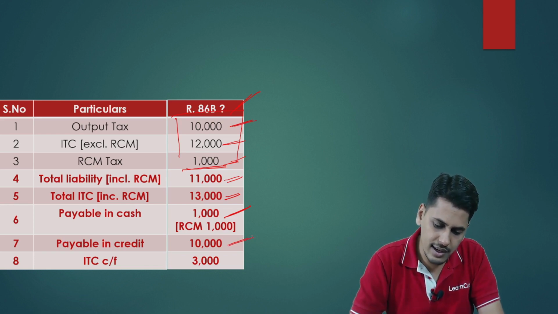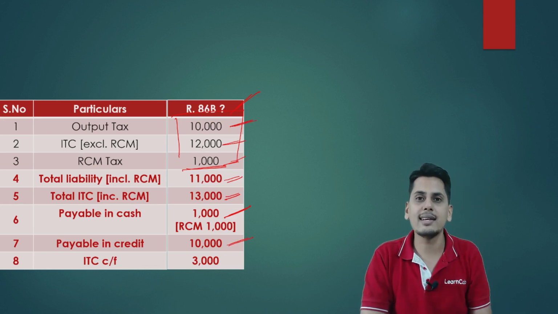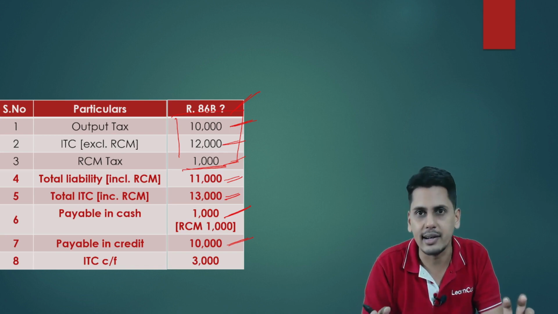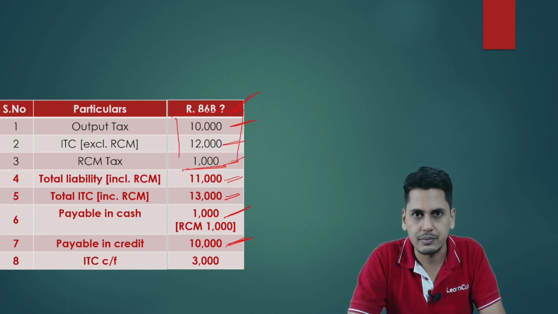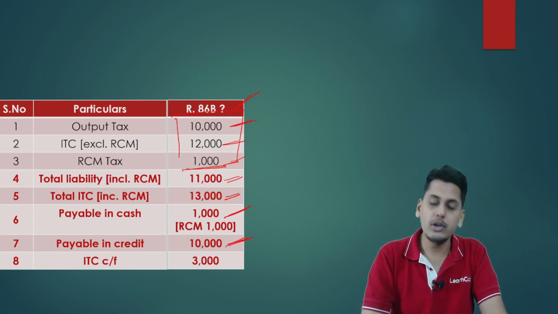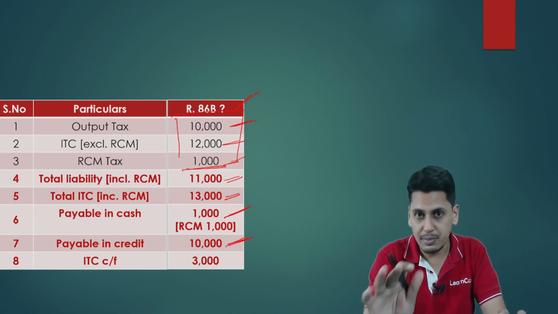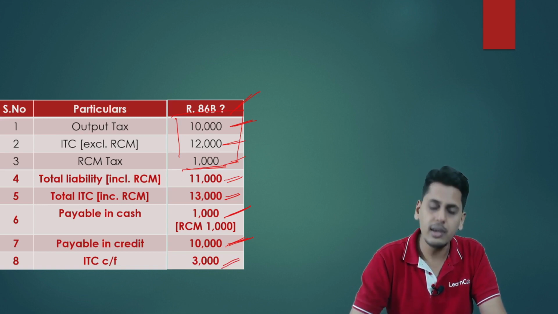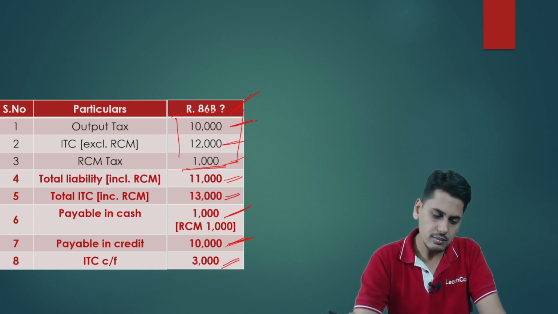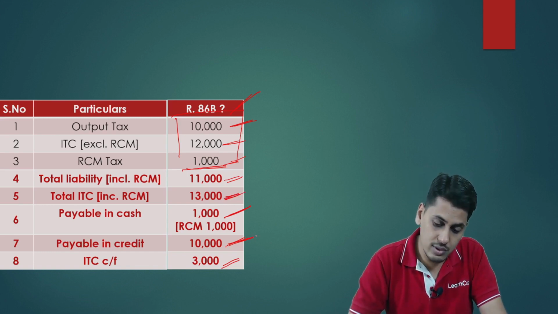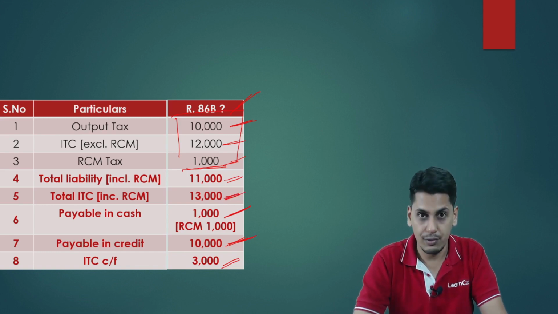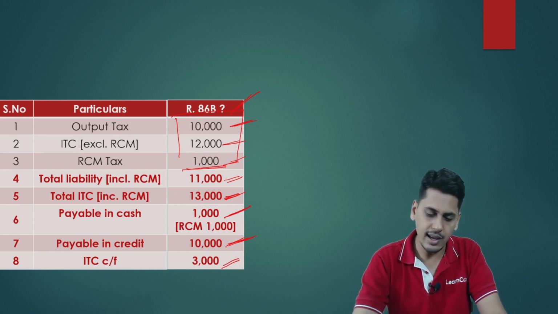So payable in credit, that means whatever is my output tax liability, totally I have paid it through credit. 10,000 is paid through electronic credit ledger. Now friends, how much is going to be the ITC carry forward? In this method, ITC carry forward is going to be 3,000. Friends, total ITC is 13,000. I've used 10,000 for payment of output tax.